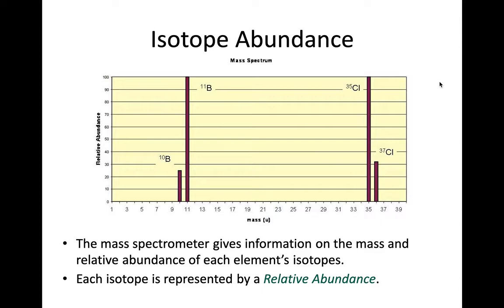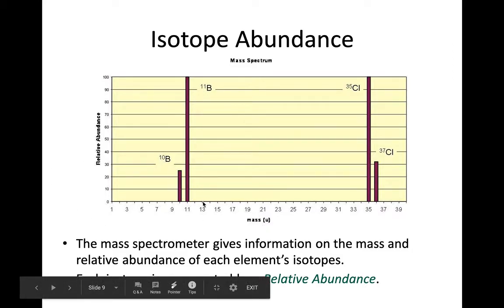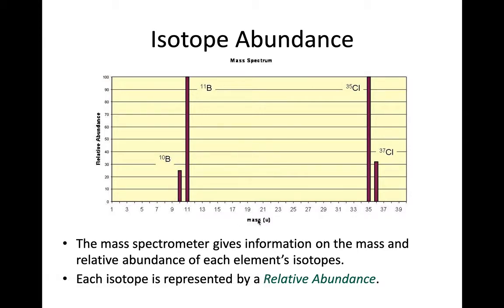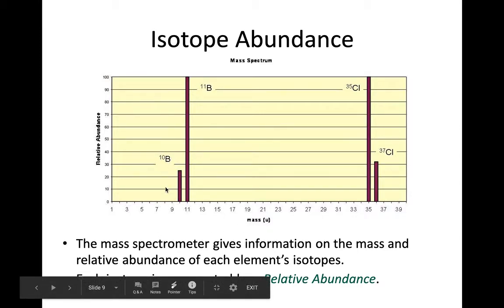And so the cool thing, like I said, is that if you didn't know how a mass spectrometer worked, you could probably still answer any relevant question given this data table. If you just look at the x and y axis, we're given mass and we're given relative abundance.